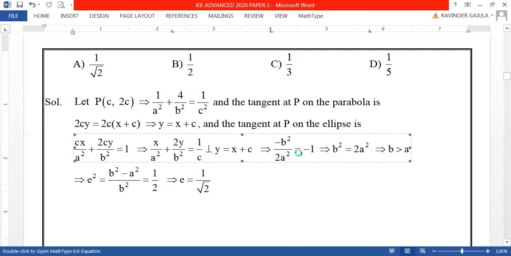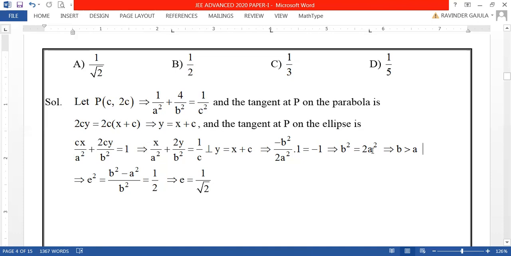Got my point here? So minus b square by 2a square into 1 equal to minus 1. Cancelling minus, b square equal to 2a square.